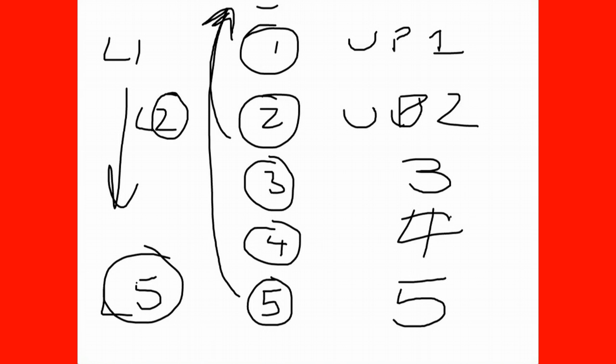So, we know that 1 always pays up 1 level. We know that someone showing a 2 has bought levels 1 and 2, and somebody showing a 3 has bought levels 1, 2, and 3, and so on, right?